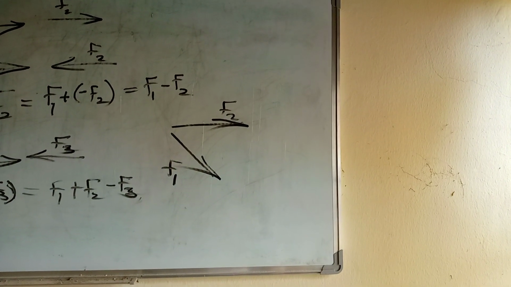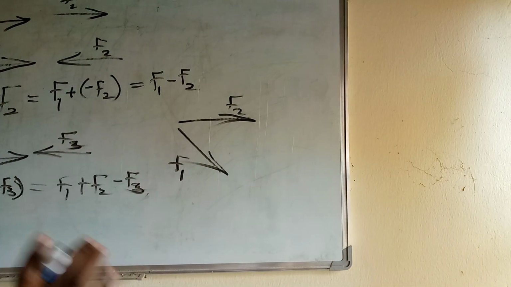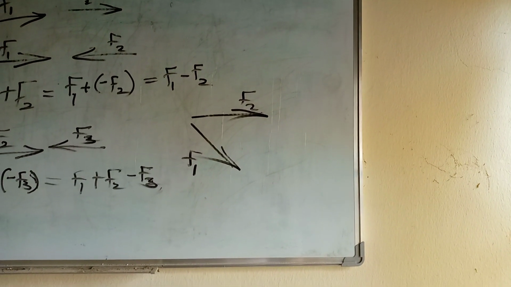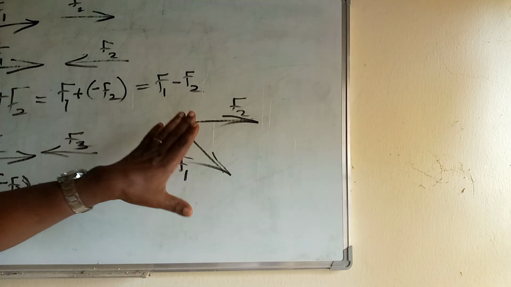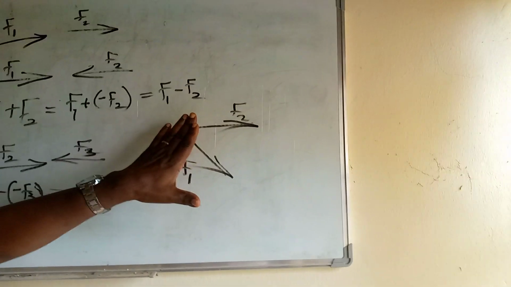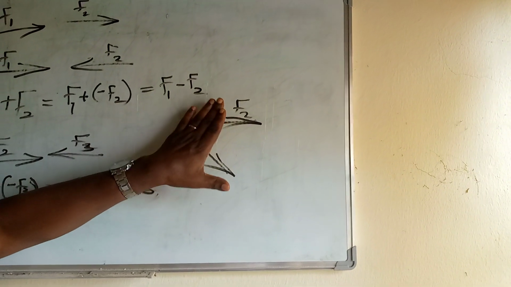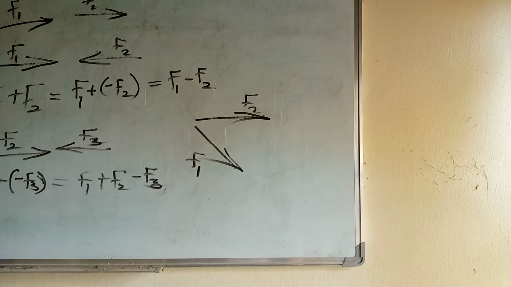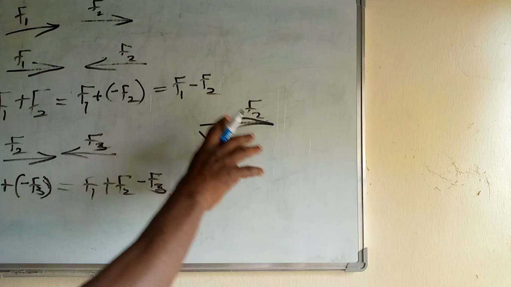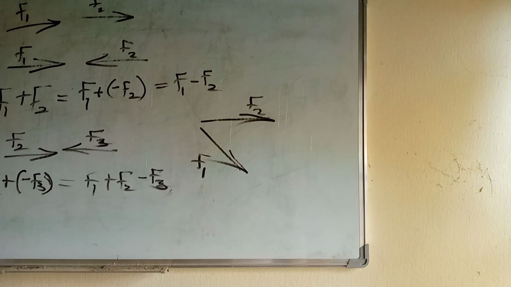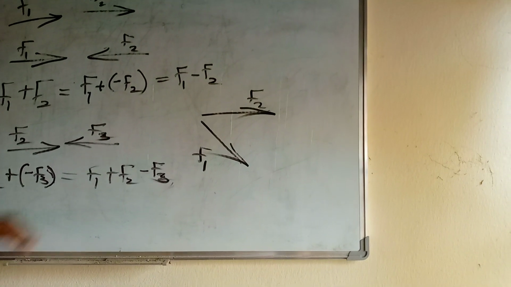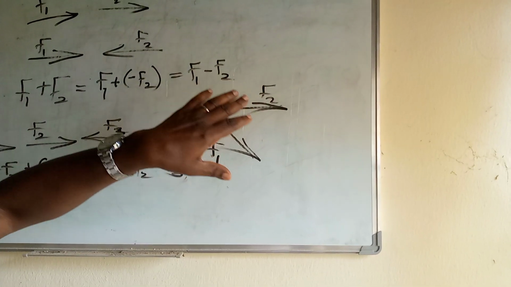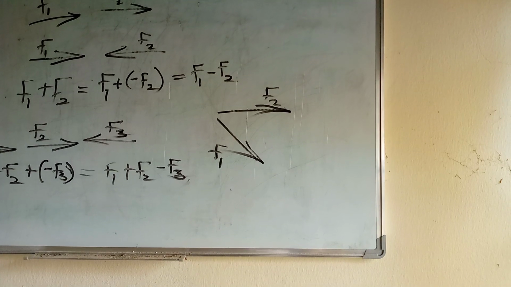We sum these forces by either of two procedures. There are what we call the rectangular method of summation of forces or the parallelogram method of summation of forces, depending on how the forces are situated. Then we also have the triangular method of summation of forces. That is when forces are in, okay, let's even see what we have done.